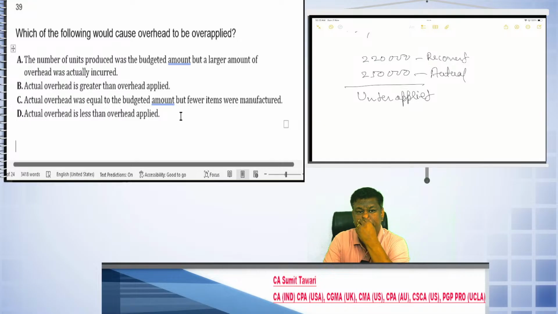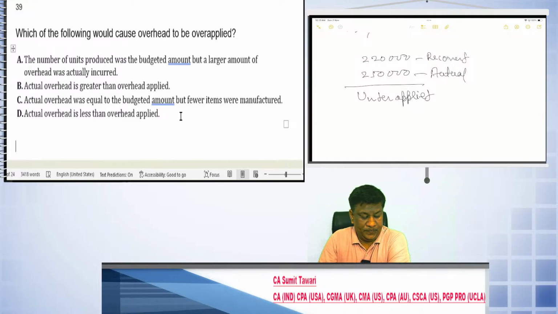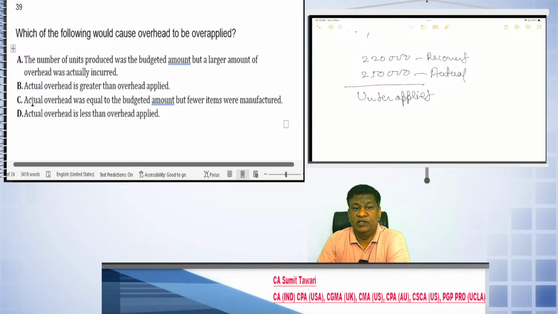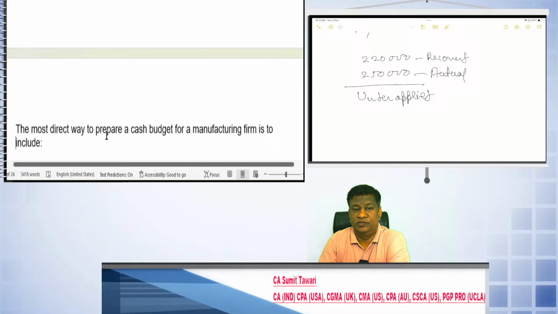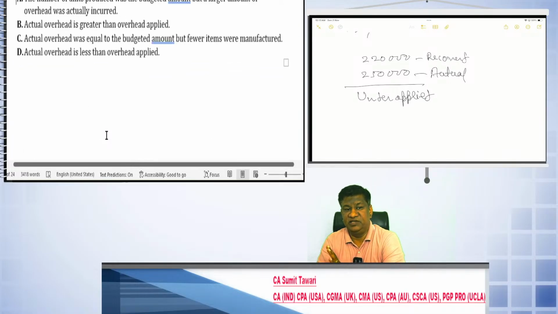Clear? Any doubt here? In case of B, it is under applied. Okay. Anyone has any doubt to understand?